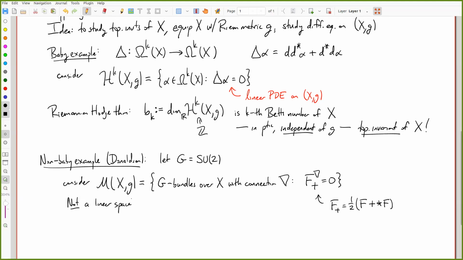So this equation here is a nonlinear PDE. And if you write it out in detail, you see why it's nonlinear, by the way. It's nonlinear essentially because SU2 is not abelian.